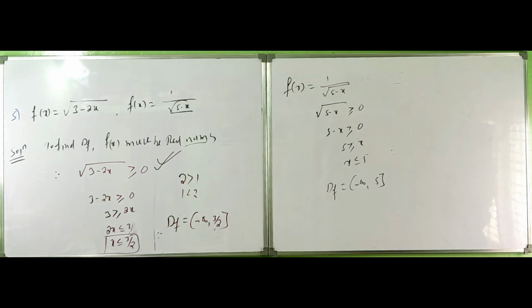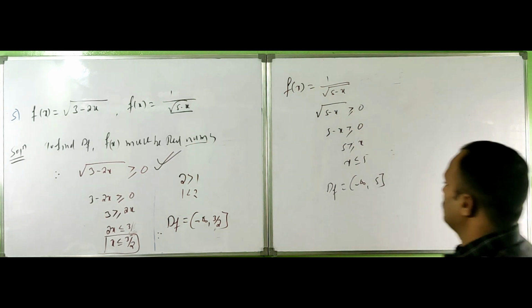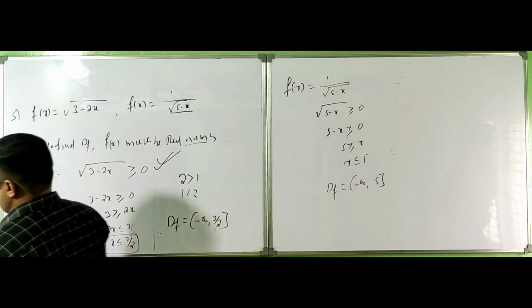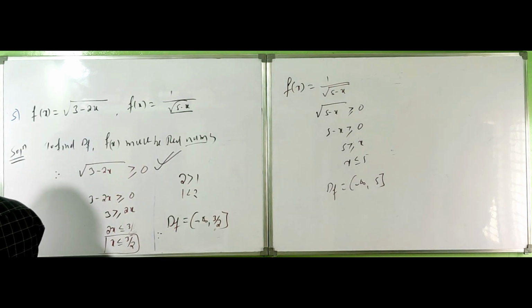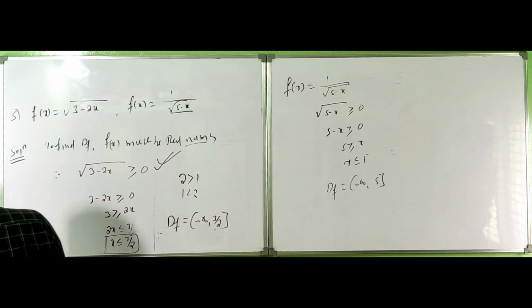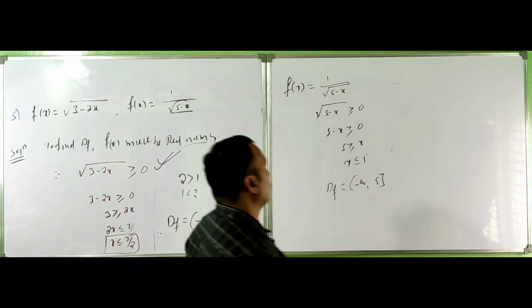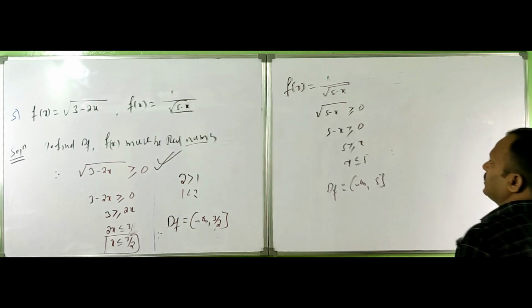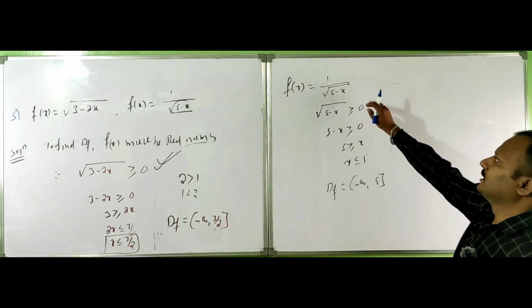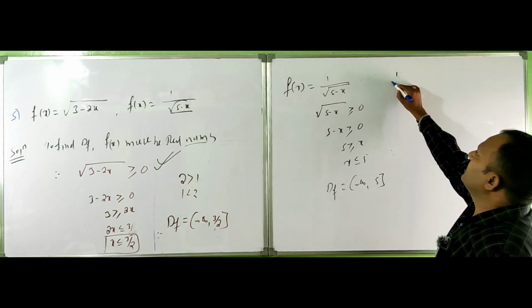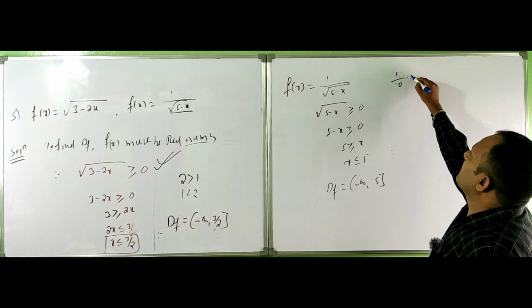Why are they given only this? This is 1 by 0, because 1 by 0 is not defined.